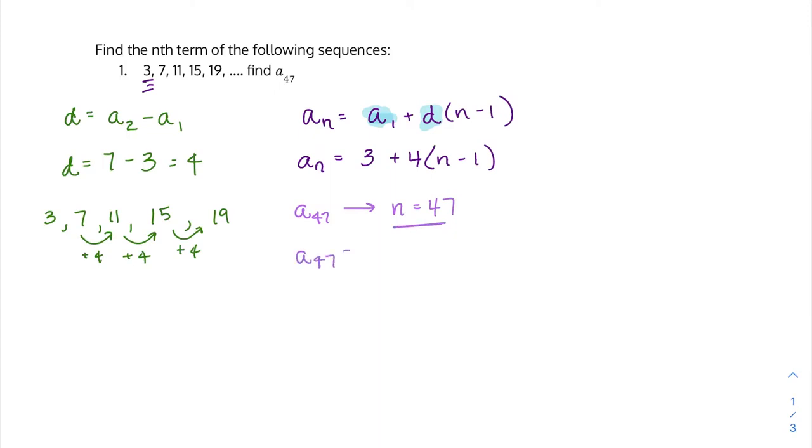So a47 equals 3 plus 4 times 47 minus 1, which equals 3 plus 4 times 46. I can plug this into my calculator, 3 plus 4 times 46, and we get that our 47th term is equal to 187, and this problem is done.